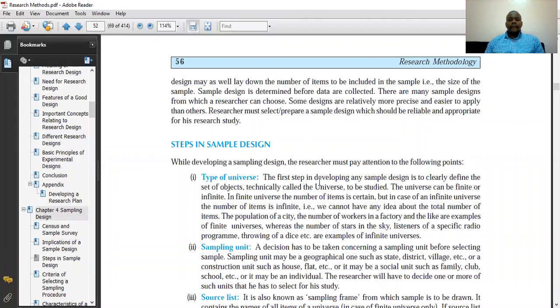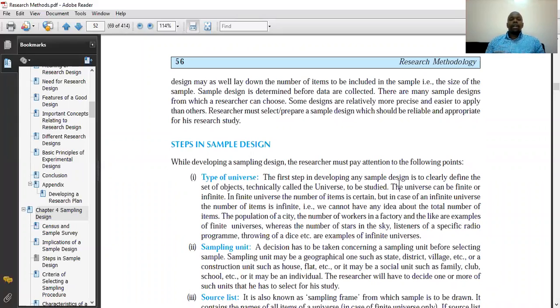Okay, now the universe is basically, it can be a population of a city, all right, such kind of things. When we are talking about the universe, we are basically talking about the particular whole item that must be represented.